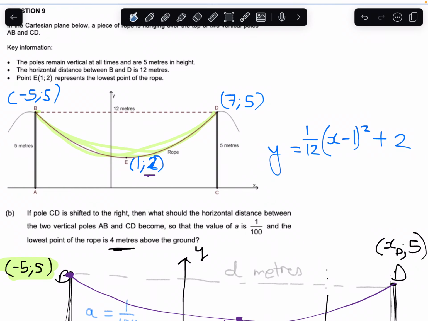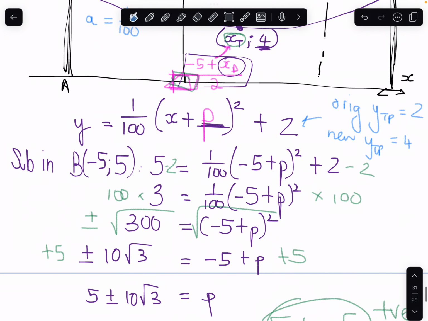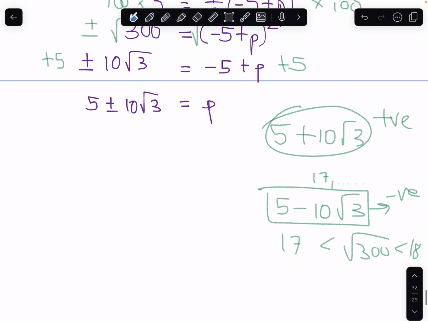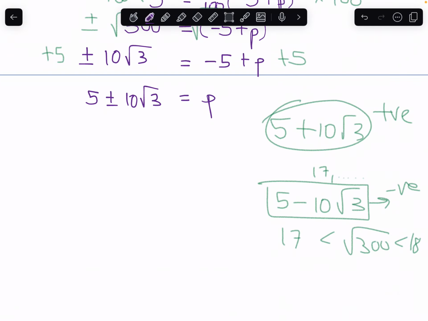So in a nutshell, we are fully expecting that P is a negative number, because that's how a graph moves to the right. So P is the negative option, 5 - 10 root 3.